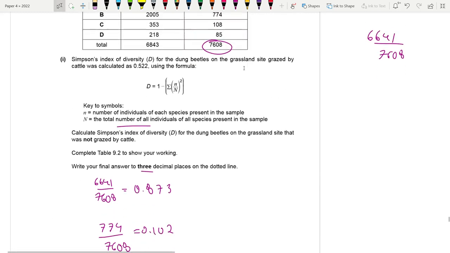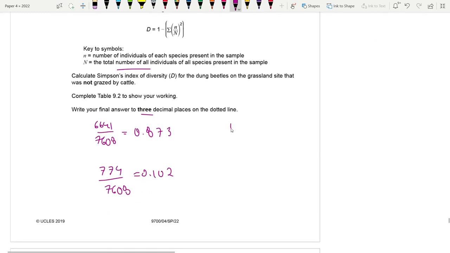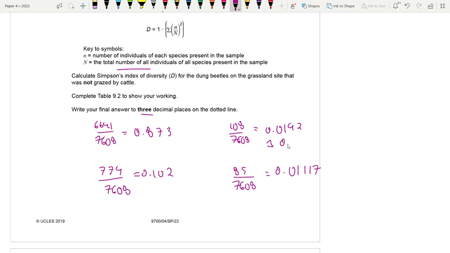Next one, 85 and 108. 85 by 7608 is 0.01117.